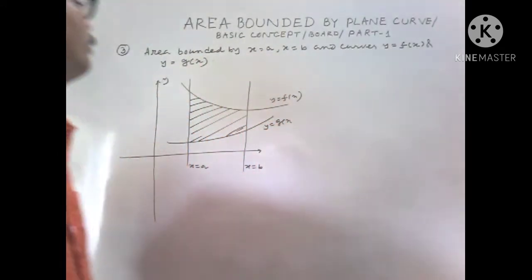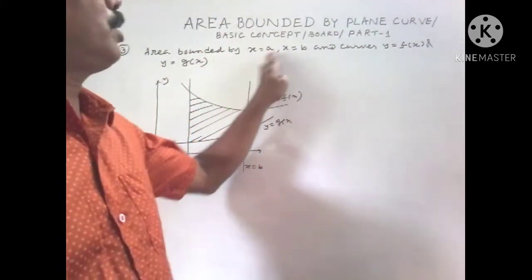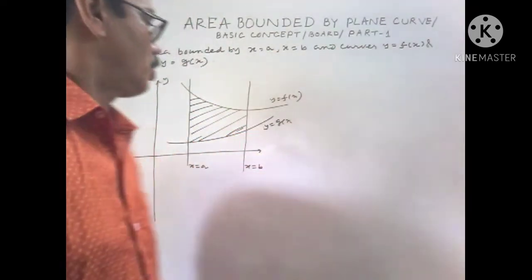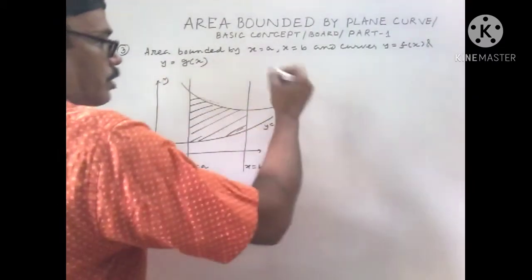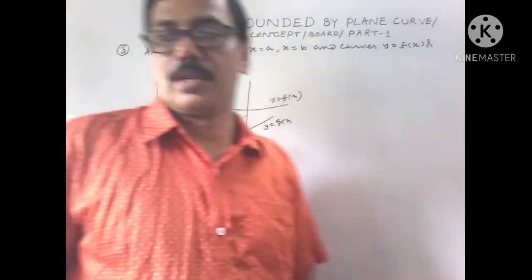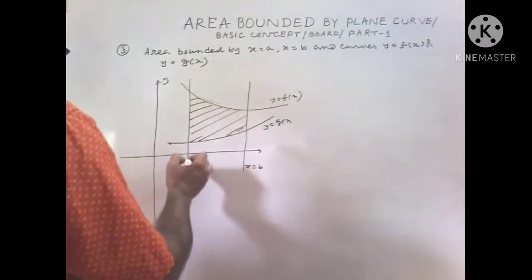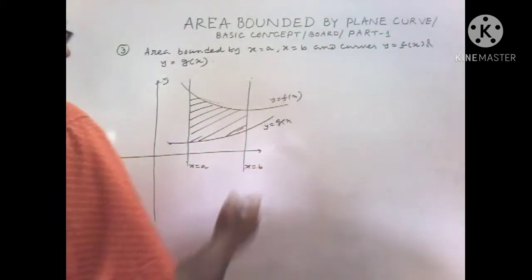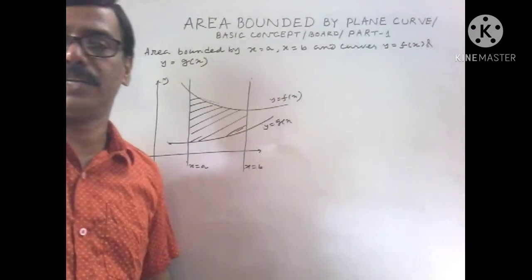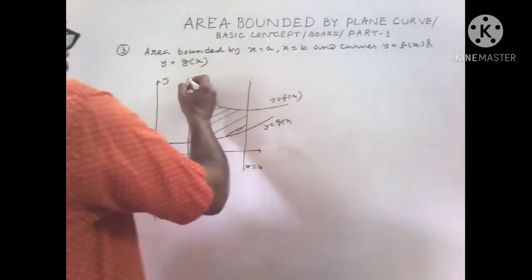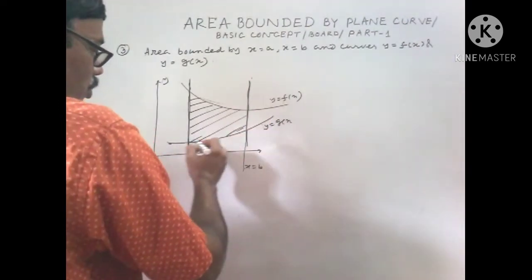Now we find the area bounded by two curves. So y equals fx and y equals gx are two curves, and two ordinates x equals a, x equals b. Within a and b, the two curves do not intersect. So we are getting x equals a, this is x equals b, so this figure.